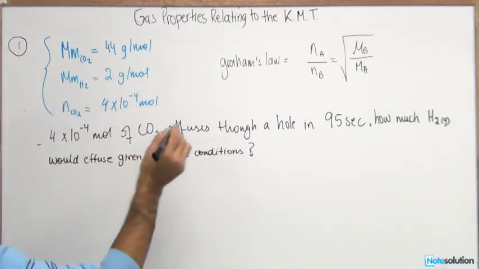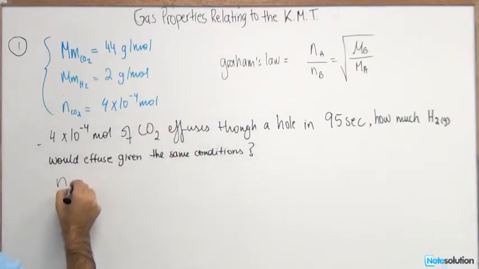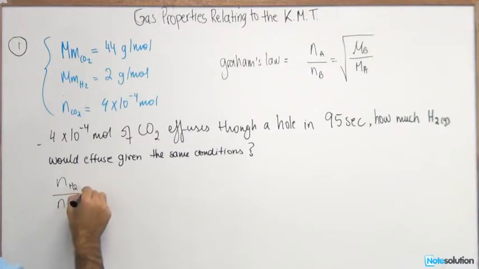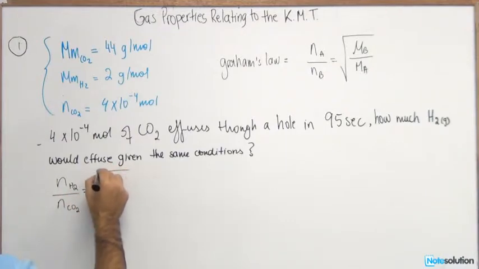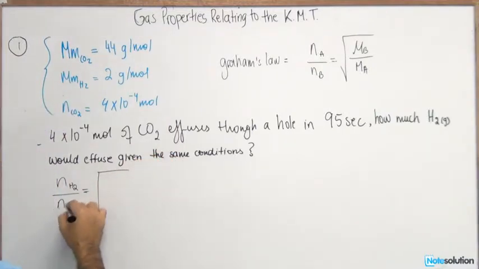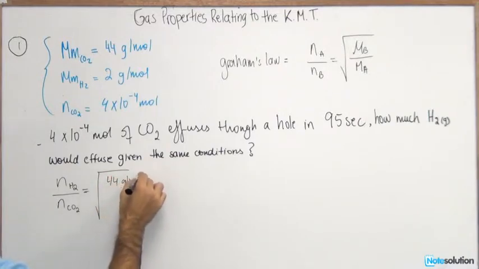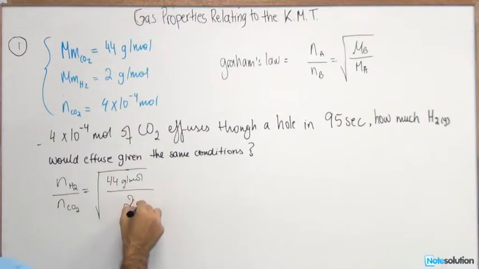So in this case, let's take Na as hydrogen over Nb as carbon dioxide equals the square root of the molar mass of B, which is carbon dioxide, 44 grams per mole, over hydrogen, 2 grams per mole.